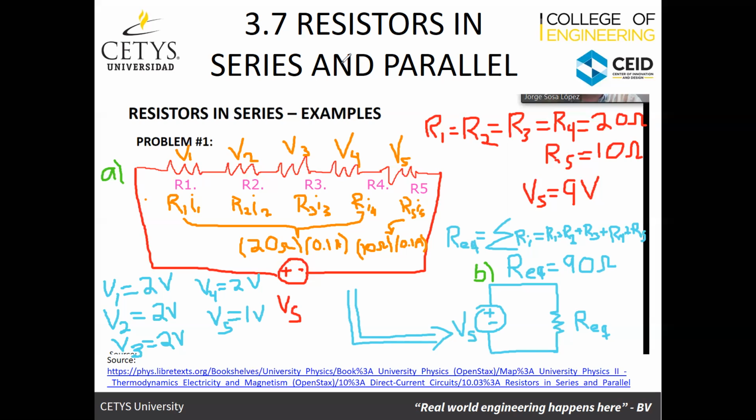Now notice that if we add these, 2 plus 2 plus 2 plus 2 plus 1, it's going to be equal to the voltage source, which is 9 volts.